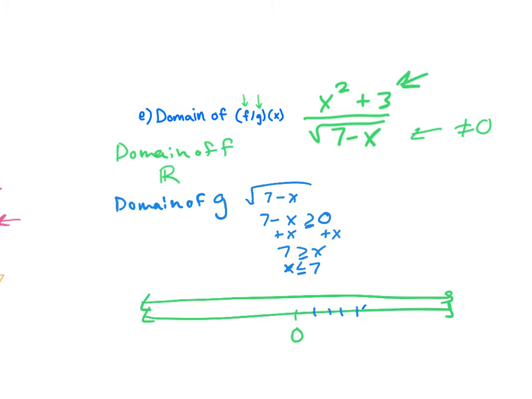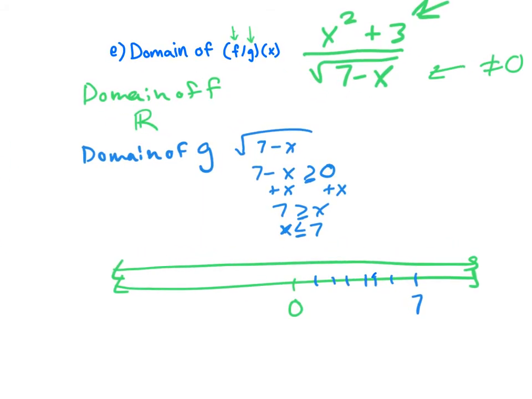So on our number line, this is less than or equal to, so it includes 7, so we would put a closed dot there, and then it could be anything less than 7.